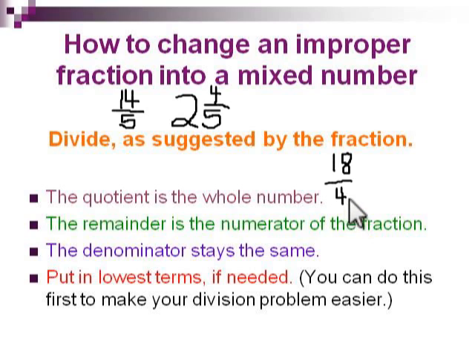I could say how many 4s are in 18 and how many left over and do that. Then I would have to reduce it or simplify it, put it in lowest terms. Or I could do that first. I could recognize that both of these are divisible by 2, and I could reduce them first, divide by 2, and divide by 2, and then I could make it into a mixed number.